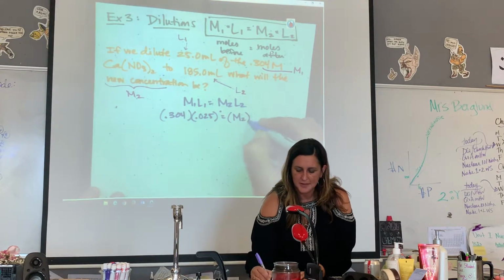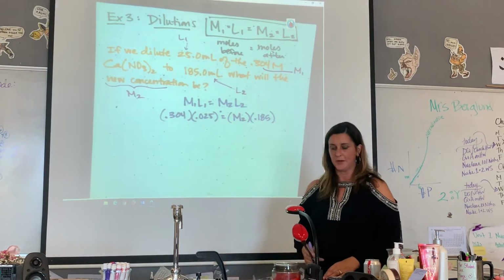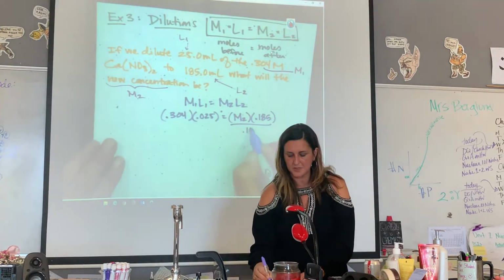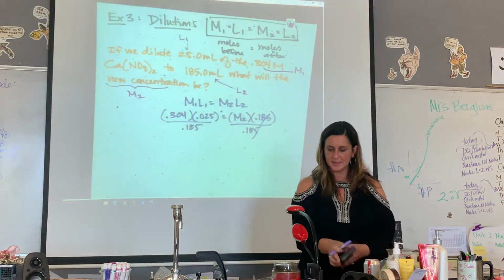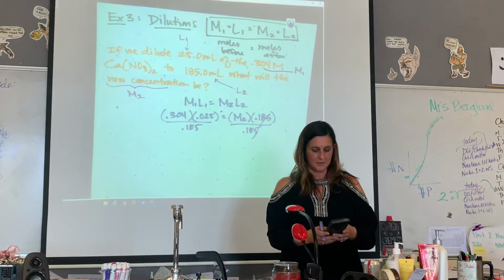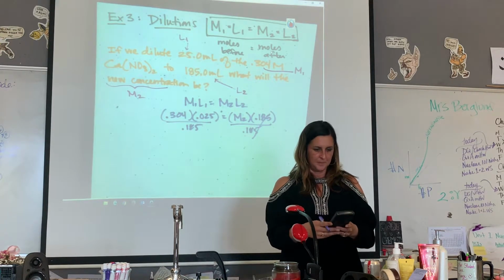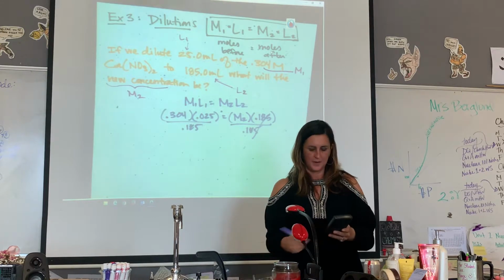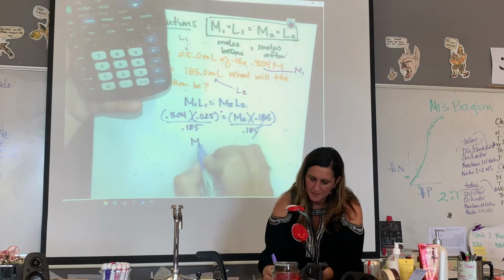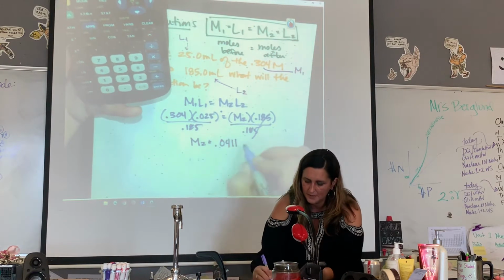Our unknown is M2, and our L2 is 0.185. Then we do some baby algebra: divide by 0.185 on both sides, and that gives us M2. So 0.304 times 0.025, divided by 0.185, and we get M2 equal to 0.0411 molar.